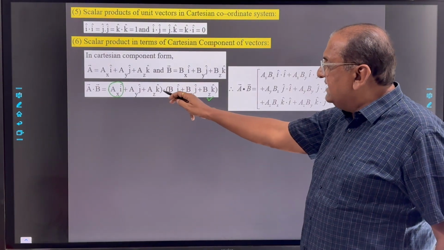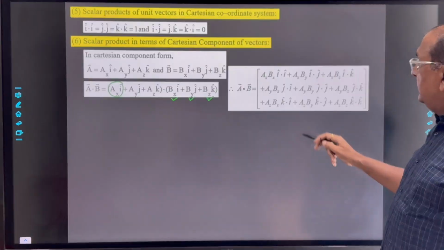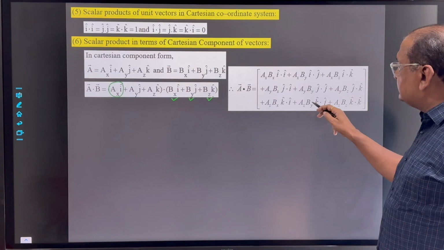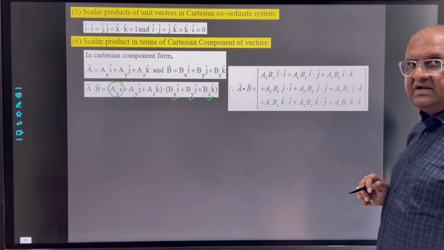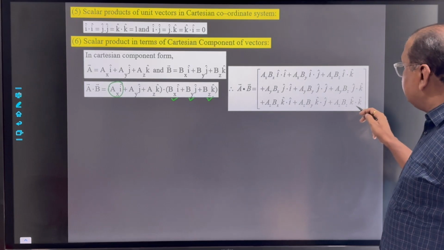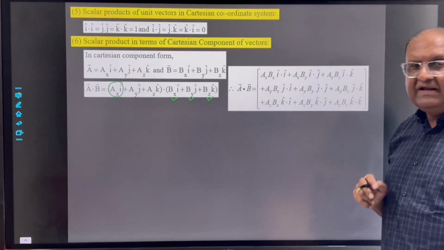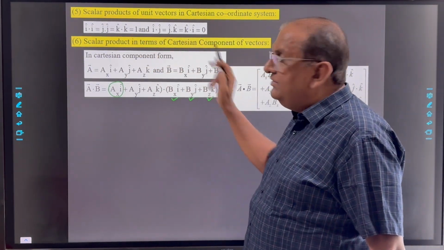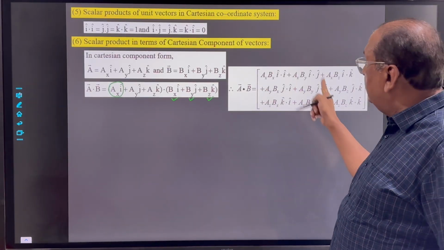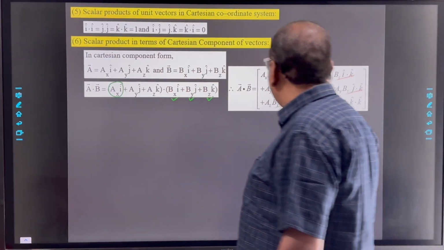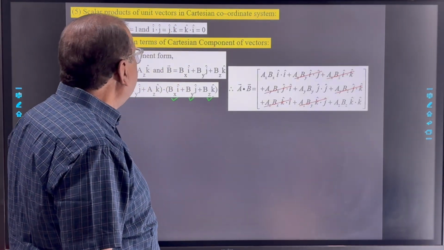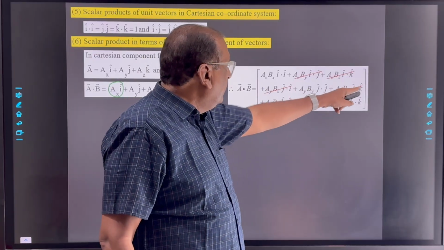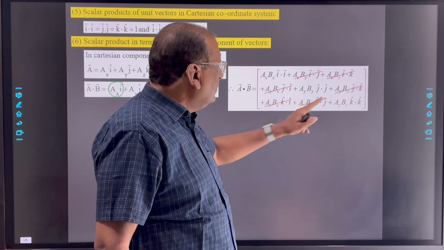Then multiply AZ k caret with these three. So we get AZ BX k caret dot i caret plus AZ BY k caret dot j caret plus AZ BZ k caret dot k caret. But here we discussed the scalar product between unit vectors. So from that, substitute the values here. Here i dot j, i dot k, j dot i, j dot k, k dot i, k dot j will be cancelled.